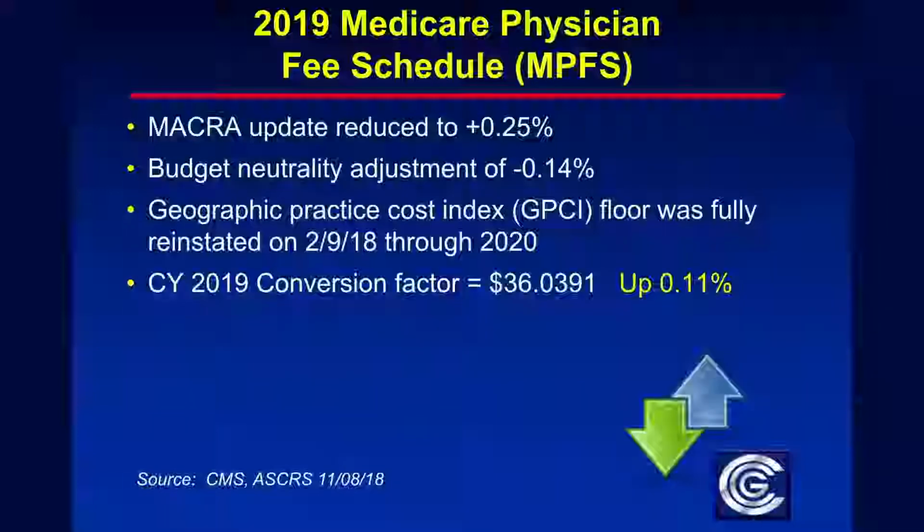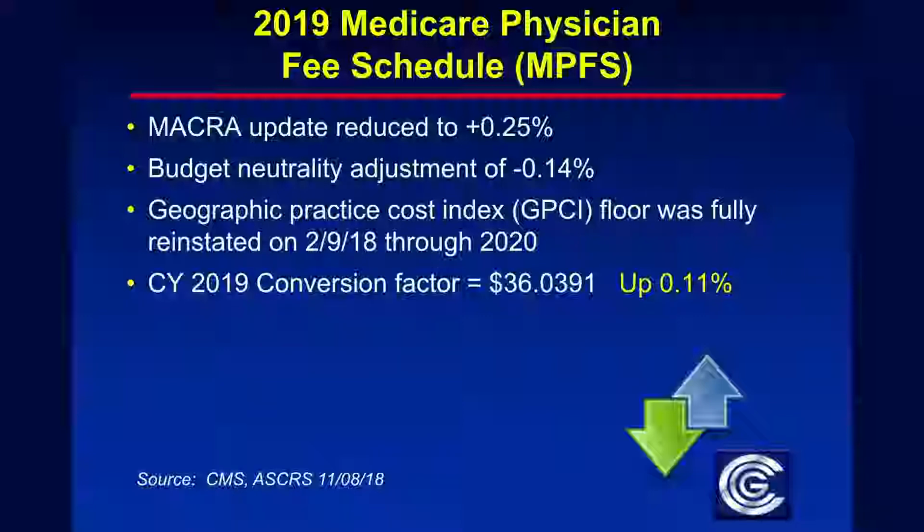When MACRA passed in 2015, it authorized a 0.5% annual positive update to the Medicare physician fee schedule for a number of years, but it was reduced in February to 0.25% by the Bipartisan Budget Act. Other factors also affect the fee schedule.